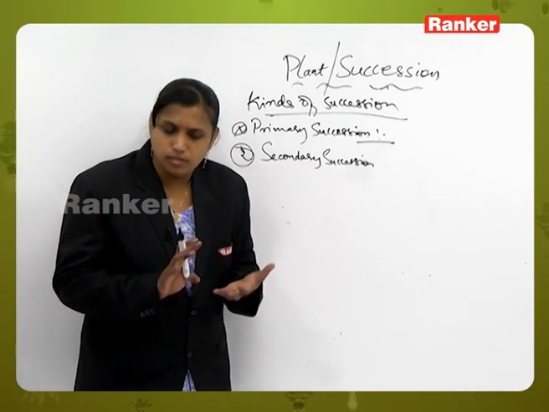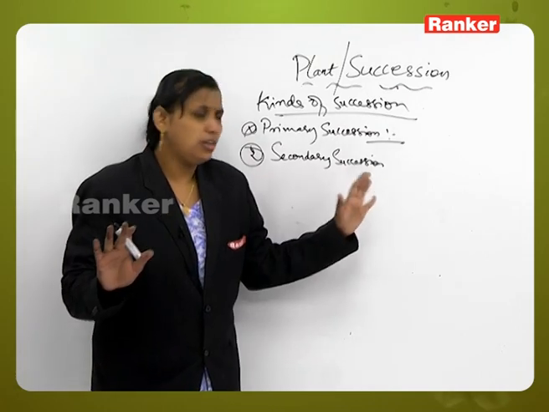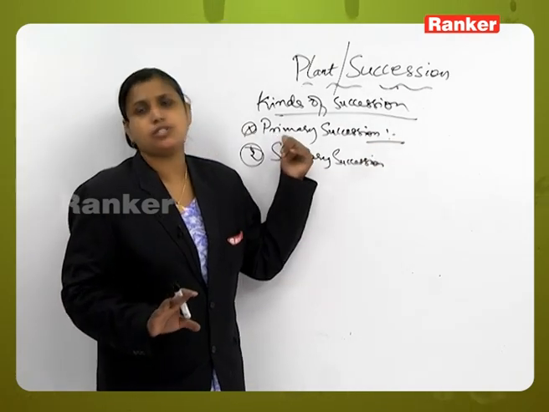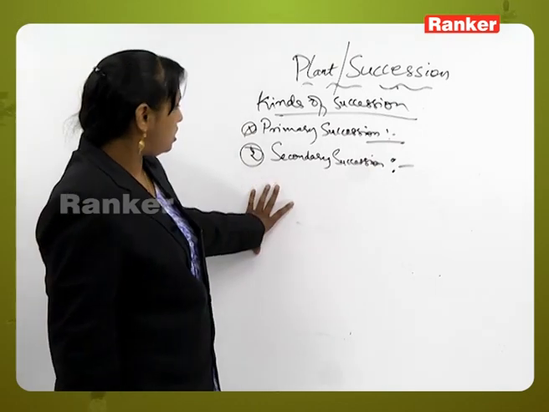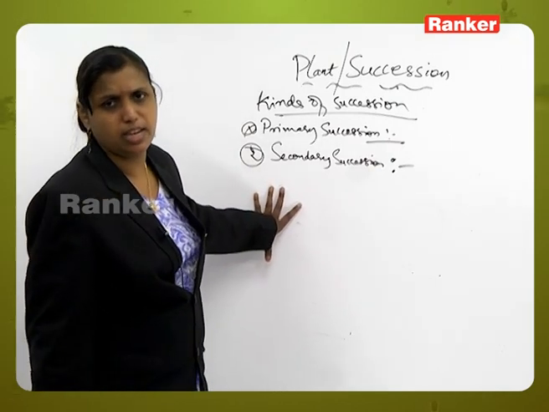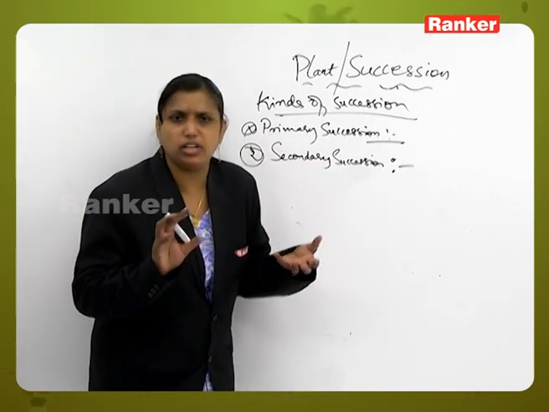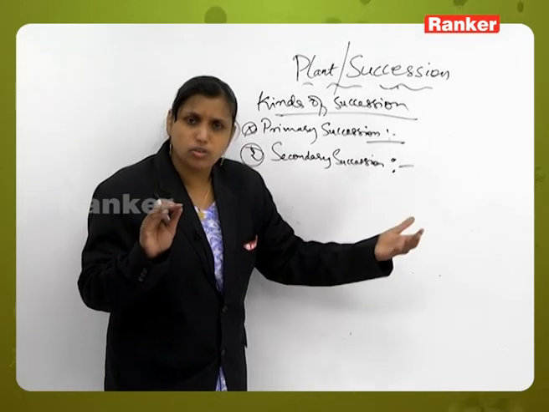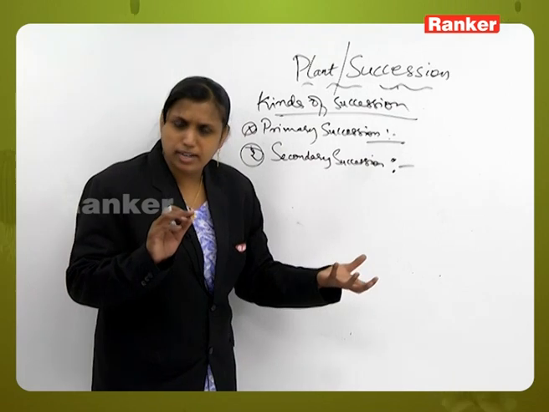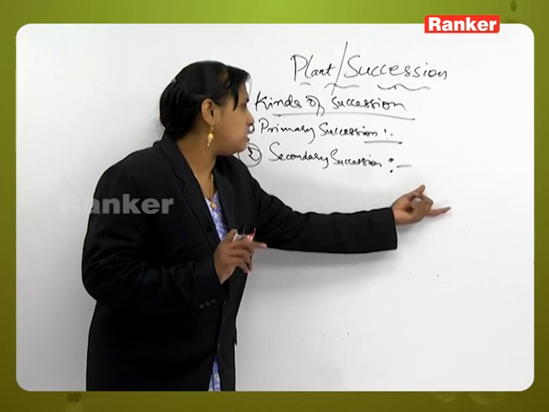When succession starts, the area is plain, nothing has grown, nothing is there, it is a bare area, and that type of succession is called primary succession. Secondary succession occurs in a site which has a previously developed area, meaning there is already some development of trees, some vegetation, and some animals already existing. If different plant communities are colonizing that particular area, then that type of succession is called secondary succession.